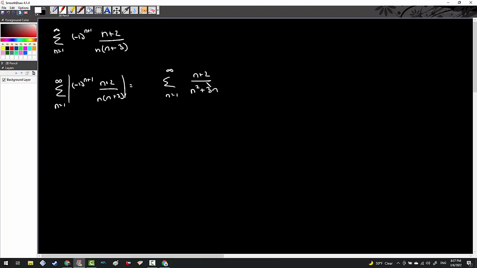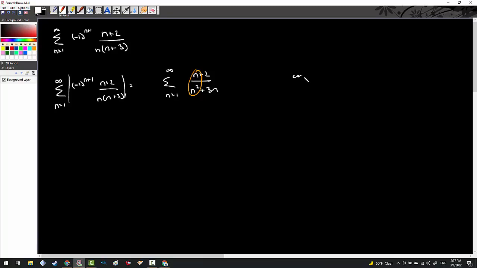Now, in this particular case here, I want to just draw upon some intuition. I don't see a u sub at play, so I don't think this is going to be an integral test. But what I can do is look at the dominant terms here and know that as my n values get super, super large, what is the end behavior of this thing? And I can suspect that this thing is probably going to diverge. But the way I'm going to prove that is I'm going to use our good old buddy, the limit comparison test. Remember that guy?